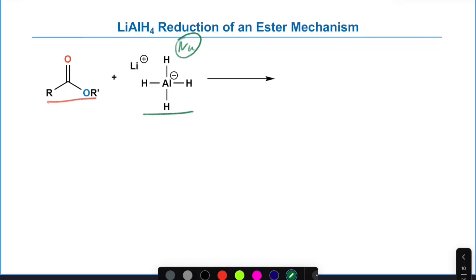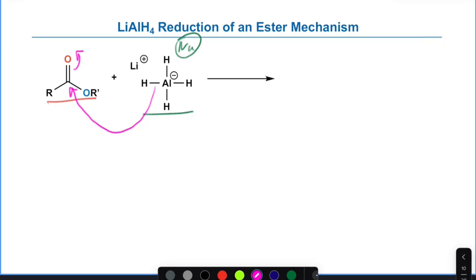The aluminum hydride is a negatively charged species. So your opener is going to be very similar. This is nucleophilic addition directly to my electrophile. I don't yet need to activate my carbonyl. We're laying waste to the carbonyl because we have a negatively charged nucleophile already present in my system.